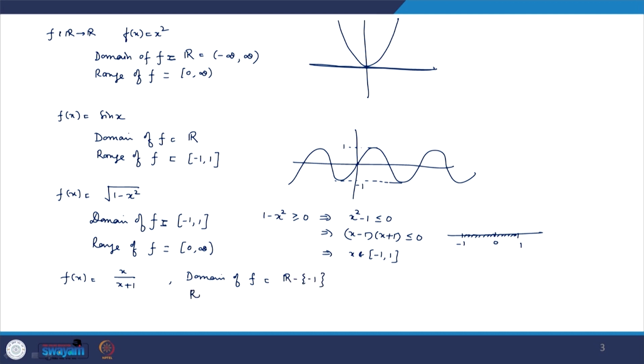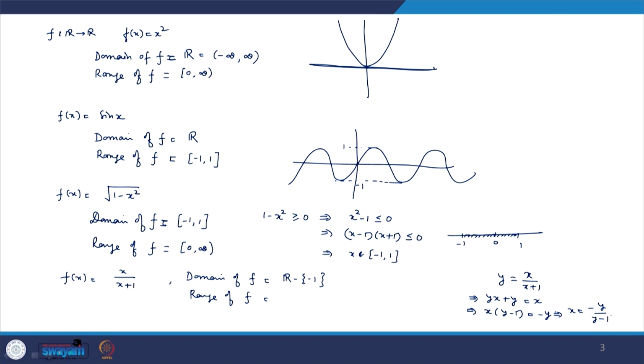And what is the range of this f? To determine the range of this f, we can put it like this, say this is y, y equal to x upon x plus 1. So, this implies yx plus y is equal to x, and this further implies x into (y minus 1) equal to minus y, and this finally implies x equal to minus y upon y minus 1.